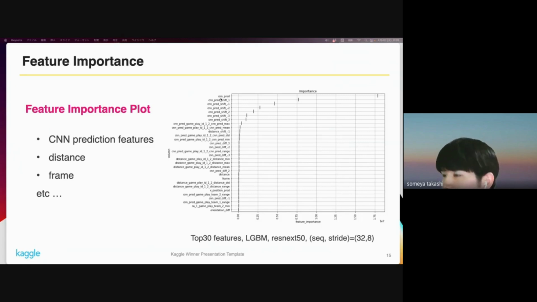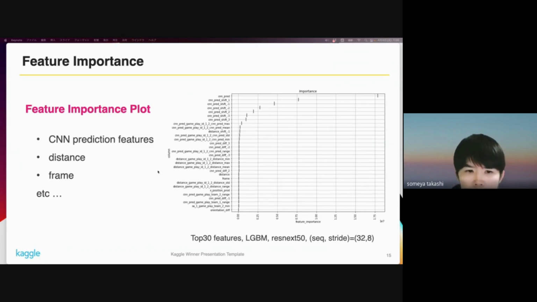As you can see, there are many CNN predictions, so that means features from stage 1, and some distance, frame, and so on.